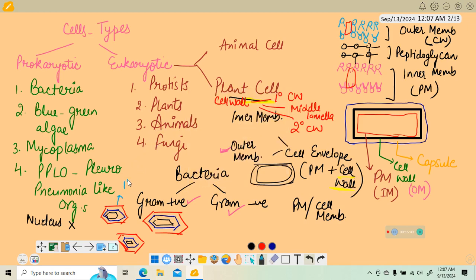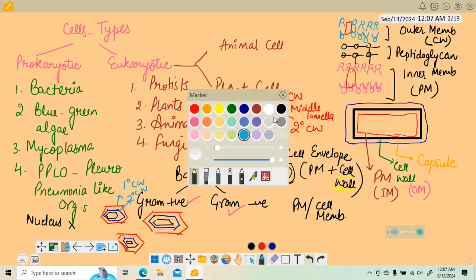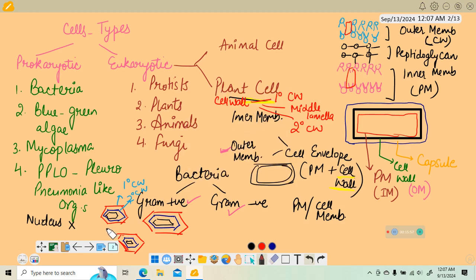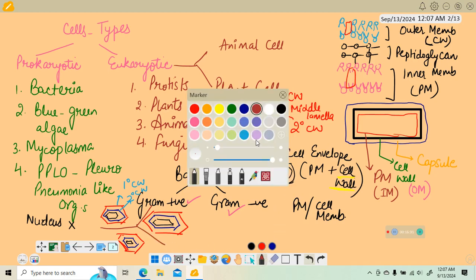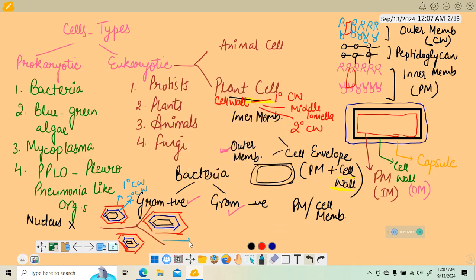Here we have the primary cell wall, this is the secondary cell wall, and here in between this is the middle lamella.